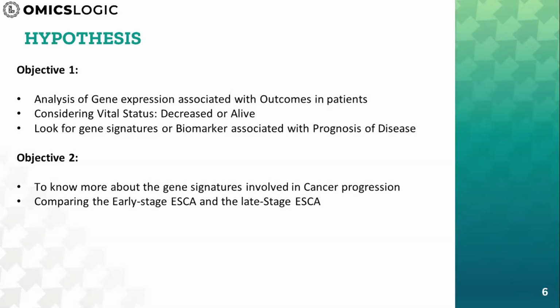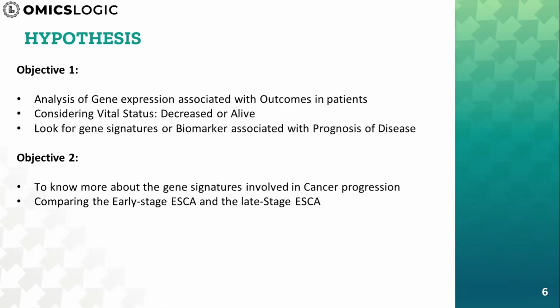Talking about the hypothesis, through this research project, I'll be working on two major objectives. My first objective is to know more about the gene expressions associated with outcomes in patients. Luckily, I've been provided with a ton of metadata. For carrying out this objective, I'm looking at the vital status.